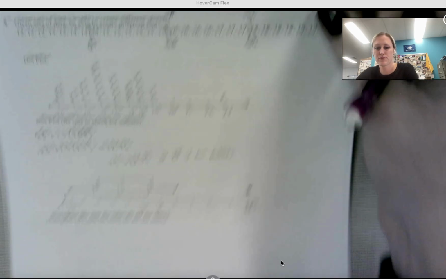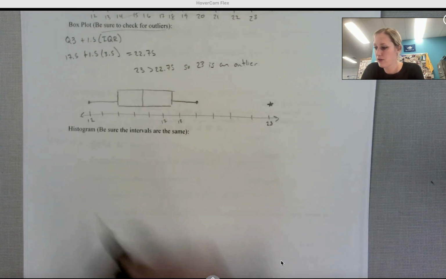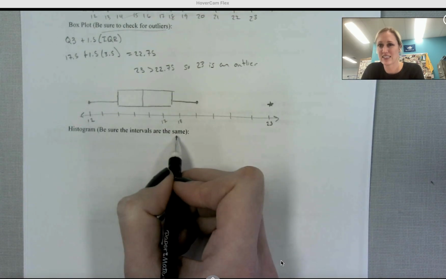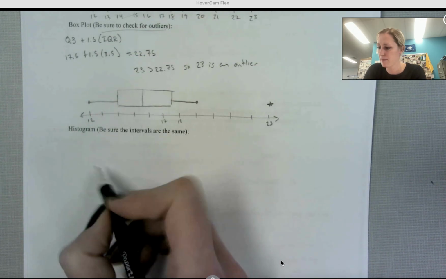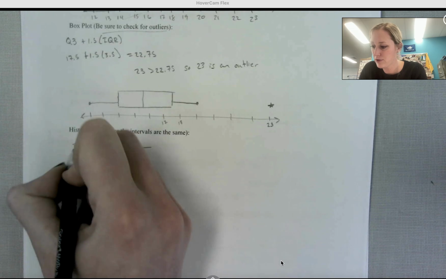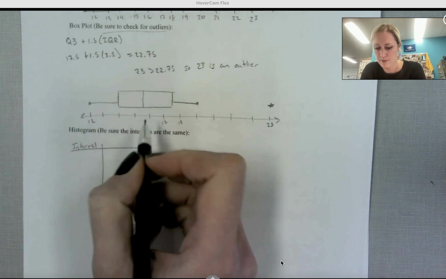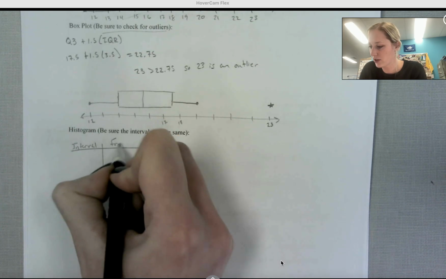Last one is a histogram, being able to create a histogram. So remember, we want the intervals to be the same amount, okay? So I'm gonna do a frequency chart first. So interval, okay? I'm going to say, and then how often it occurs, the frequency.